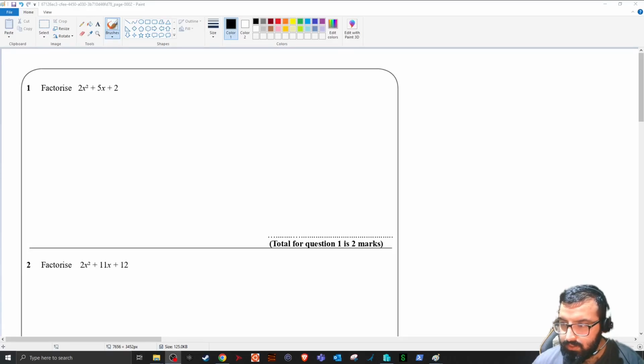Alright then, let's have a look at question 1 here. We're told to factorise 2x squared plus 5x plus 2.